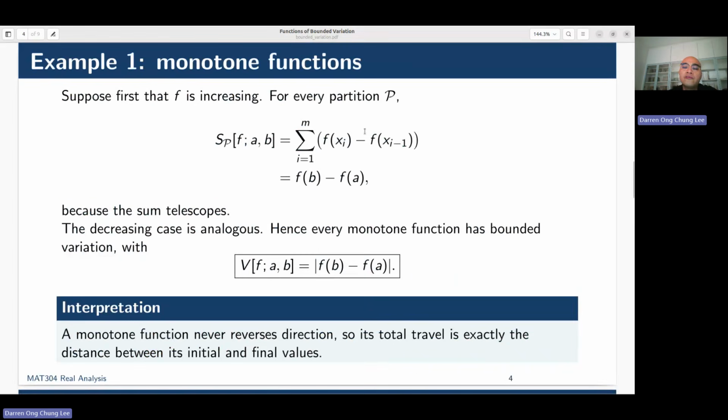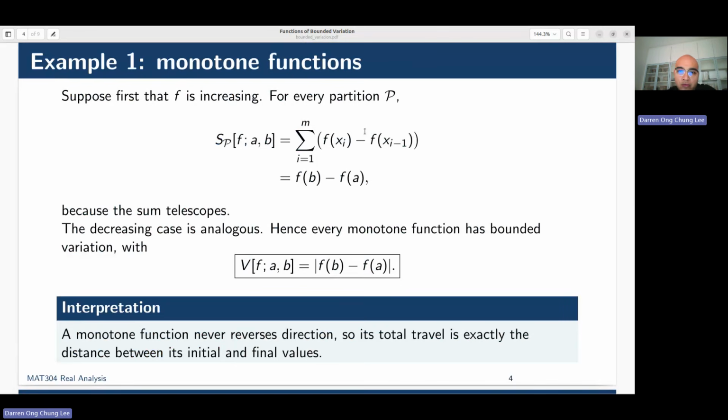So we can just remove all the absolute values. But observe what happens when we do that. All the terms cancel except the first and the last term. You may notice that we start with, let's say, f(x1) − f(x0).